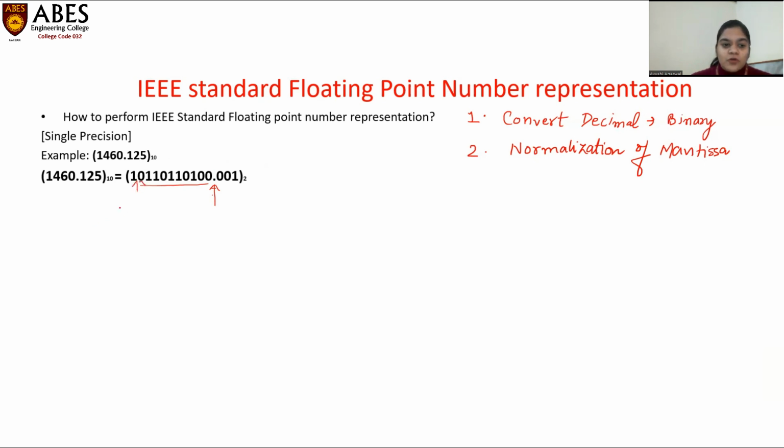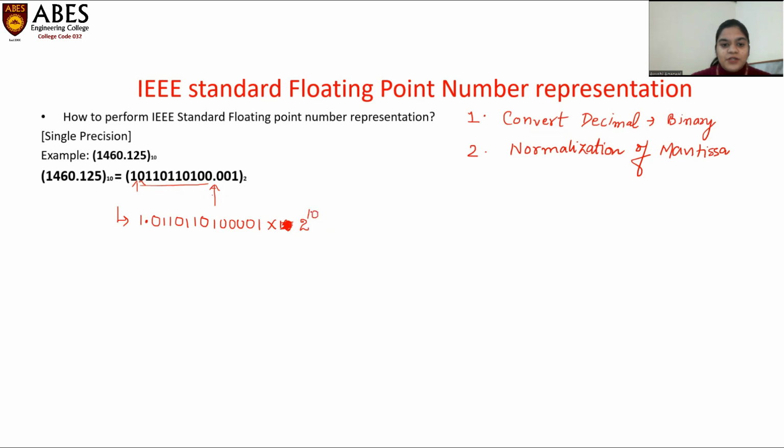And we have the normalized mantissa as 1.0110110 1000001 into 2 to the power of how many positions we have shifted: 1 2 3 4 5 6 7 8 9 and 10. Since we are using a binary value, our base value will be 2, and we have shifted 10 positions towards the left.